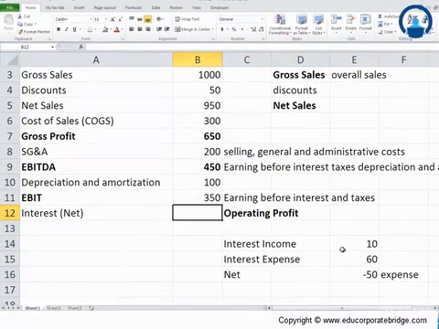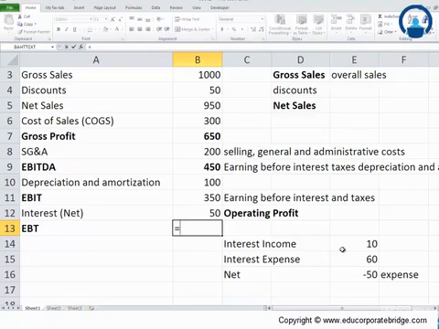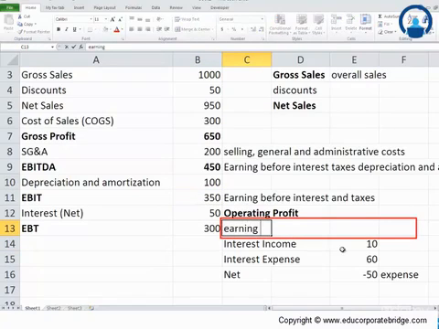So here I'll use $50, and the net amount, which is the earnings before taxes, will be essentially earnings before interest and taxes minus the expense which is associated with the interest. So we will call this earnings before taxes.